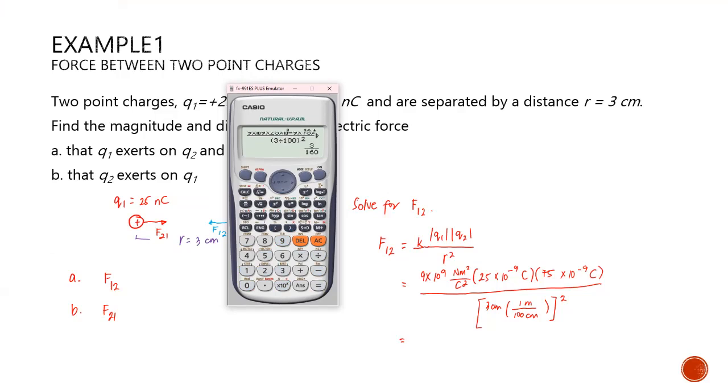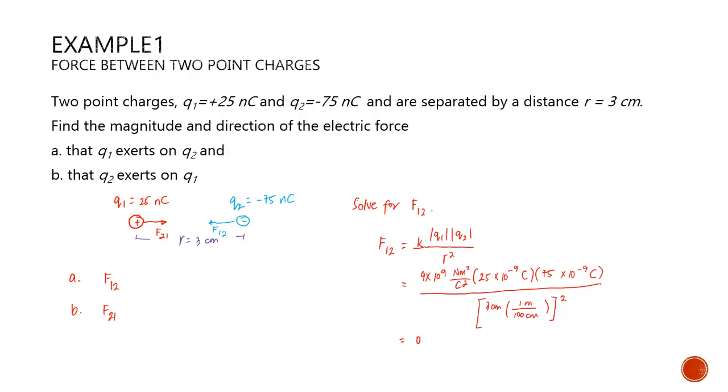So it's 3 over 100 or 0.03, squared. The unit: we cancel out the coulombs, and then we have meter squared, which will be canceled out with the meter squared here. So what we have is only the unit of force, which is newtons. So this is the force that Q1 is acting on Q2.